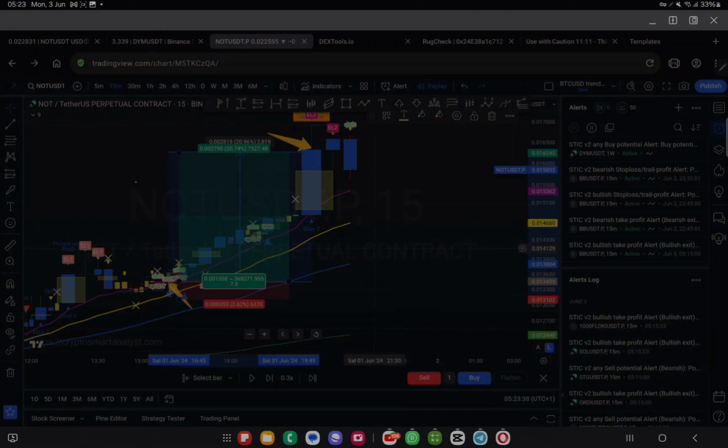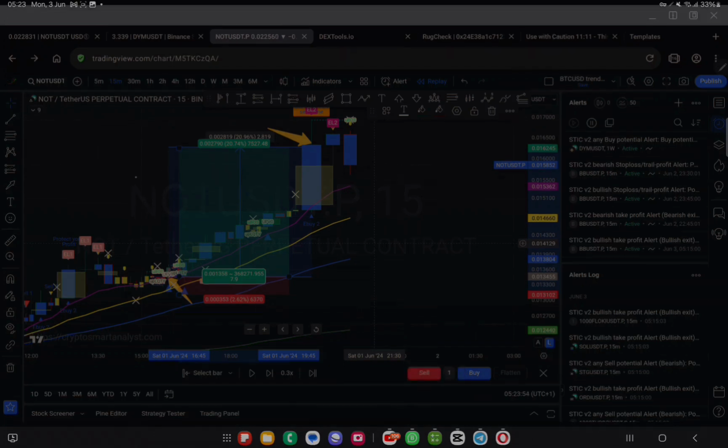So that 7.9x means if I invested $100, I'm going to be cashing out 790. $100 times 7.9 is exactly 790.